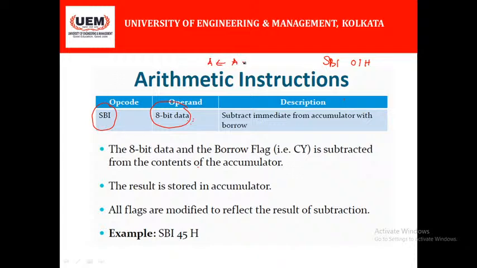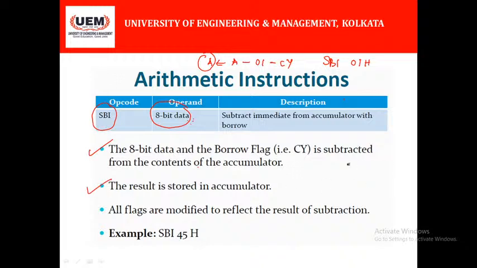It means the value of the accumulator, the data that is given here, 01, and the carry flag will be subtracted, and the result or difference of this subtraction will be stored in the accumulator register. So 8-bit data and the borrow flag are subtracted from the contents of the accumulator register. The result is stored in the accumulator.